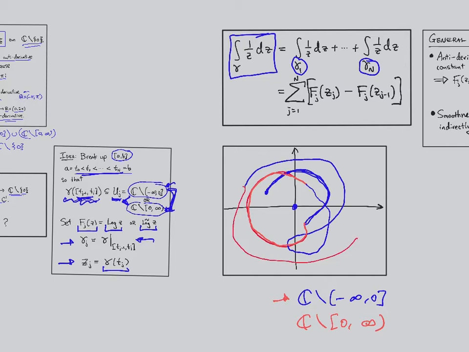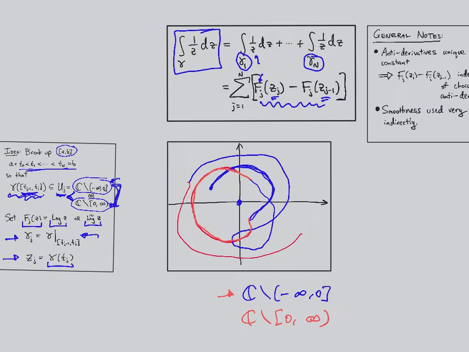And on each one of these pieces, I have an antiderivative, so I can use my earlier formula: I take that antiderivative of 1 over z, which in this specific case we can use these logarithms, and I'll do the difference of these functions at the endpoints, so zj and zj minus 1. And so this gives us some way to compute this integral over a curve.